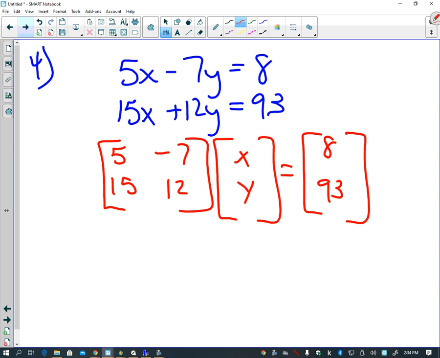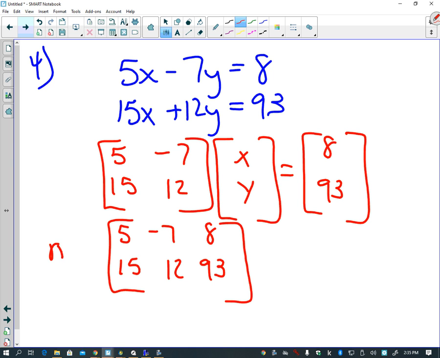Now, I've taught you how to solve using matrices with a 2 by 3 matrix, right? But what do I have to do in my graphing calculator to solve it? RREF. So I would set this up 5, negative 7, 8, 15, 12, 93, RREF. Now, we made up these numbers, so they might be really wild and crazy answers.